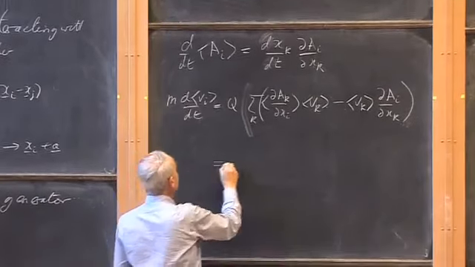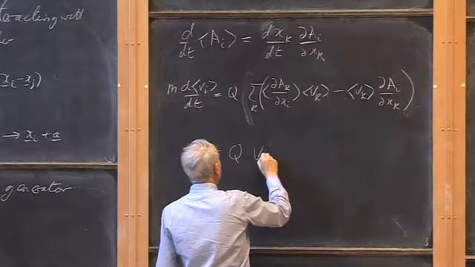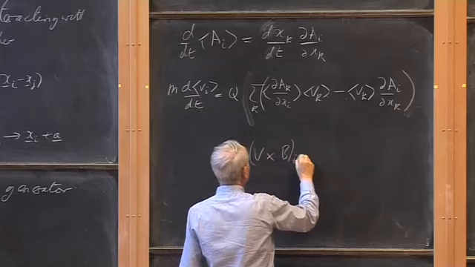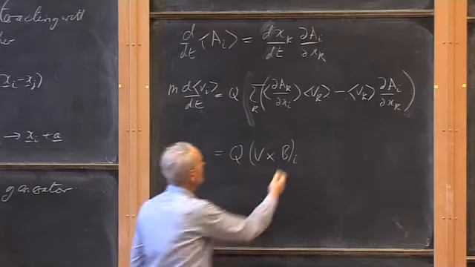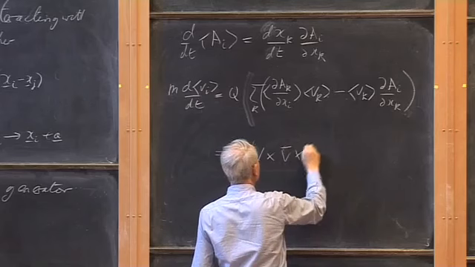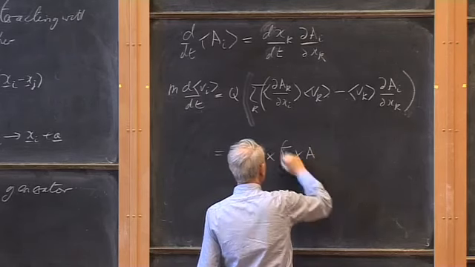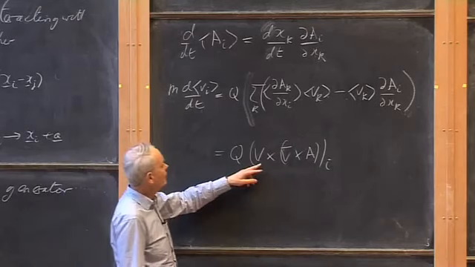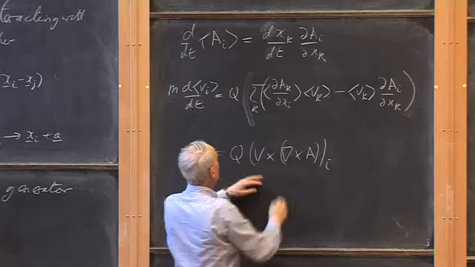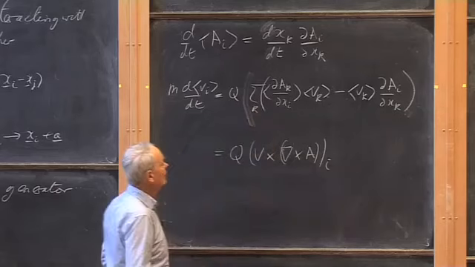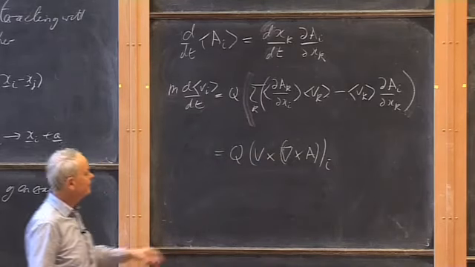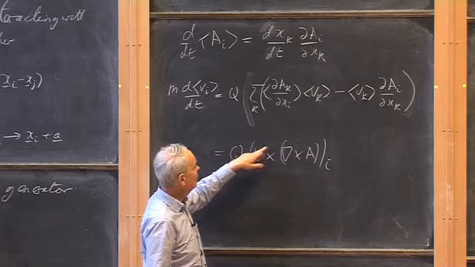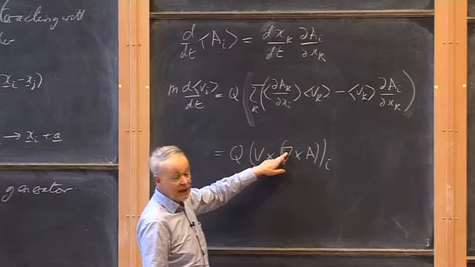Now this is actually equal to q v cross B, ith component. I claim that this is true. Let us see whether it is true. In order to expand this vector triple product, we would say it was this thing dotted with this thing in the direction of that thing.